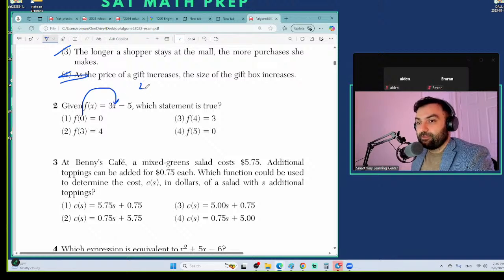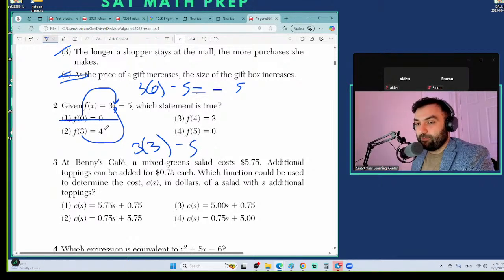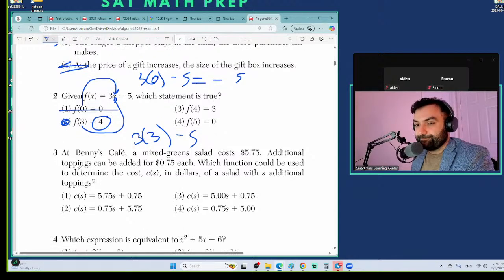So it's going to be 3 times 0 minus 5, which is negative 5. So no. When we plug in 3 here, we get 3 times 3 minus 5. 3 times 3 is 9, minus 5 is 4, and we have 4 here. It means that number 2 is the answer.